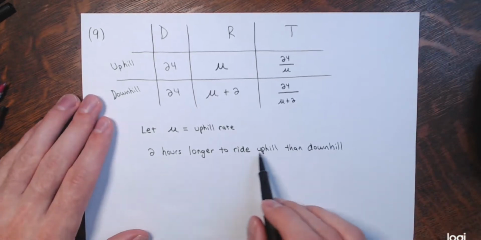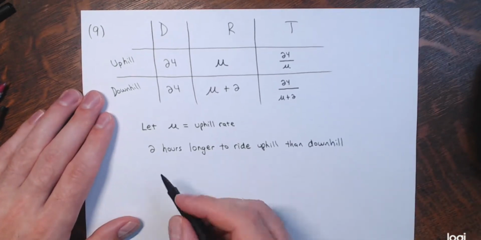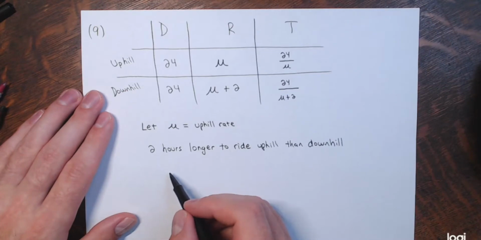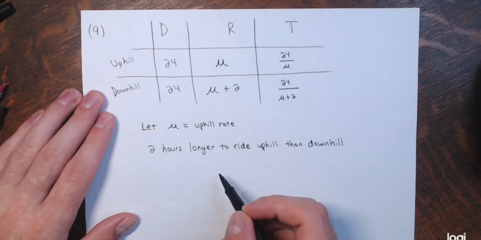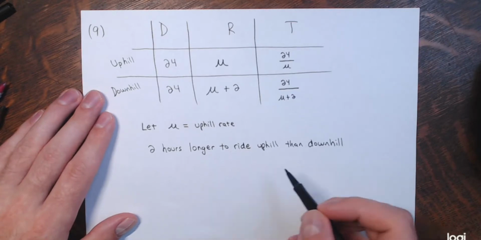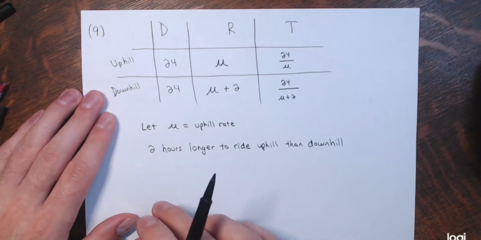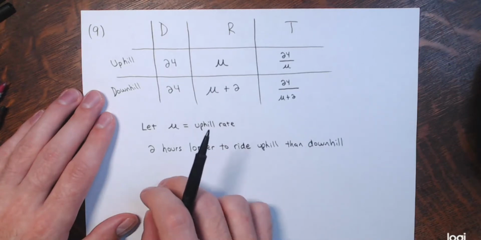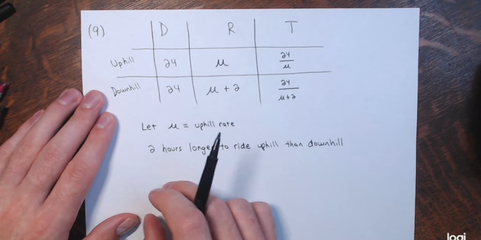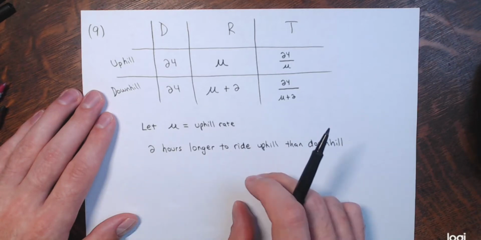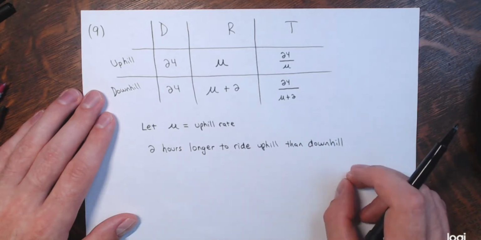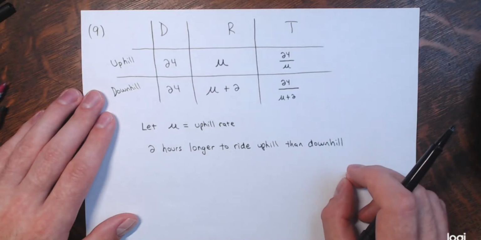So what this means is that the time downhill plus 2 would give me the time uphill. Right? Because basically the time it took to go uphill was the same as the time it took to go downhill plus 2 hours, because it was 2 hours more.